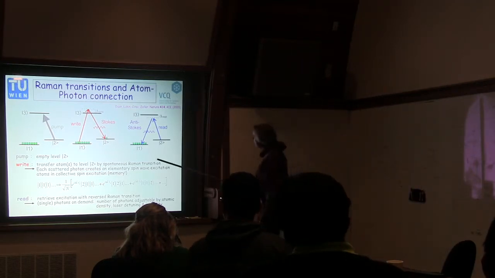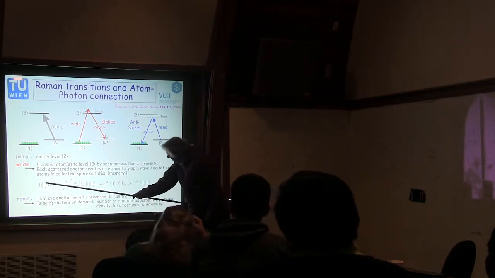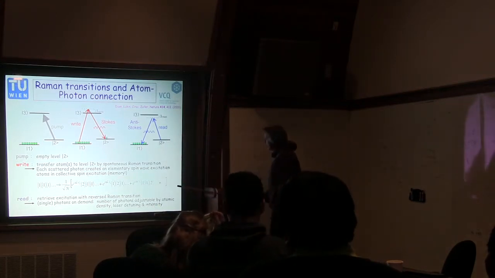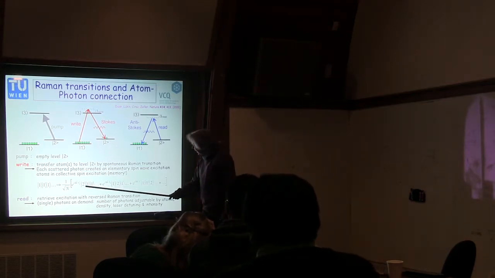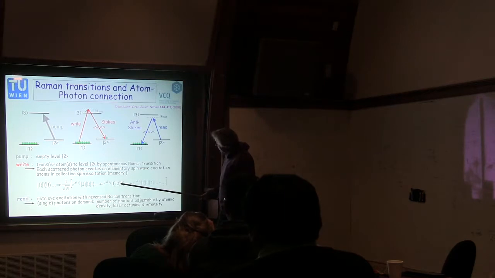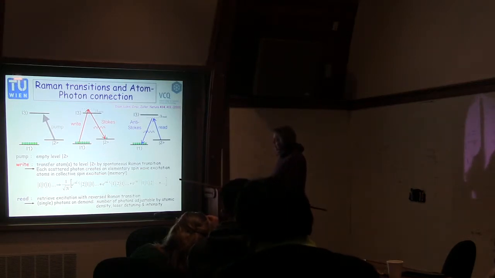And you can see that, because this process of writing creates a massive superposition state: either the first atom is in state 2, or the second atom is in state 2, or the third atom, or the N-th atom is in state 2.